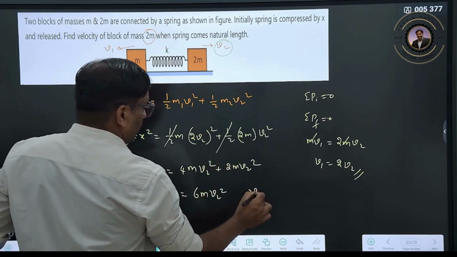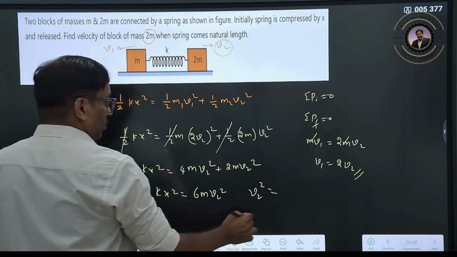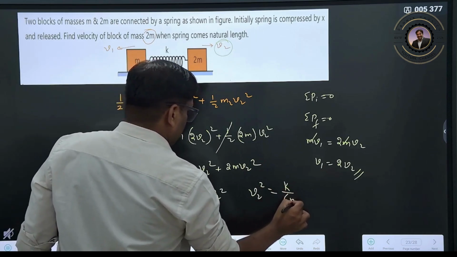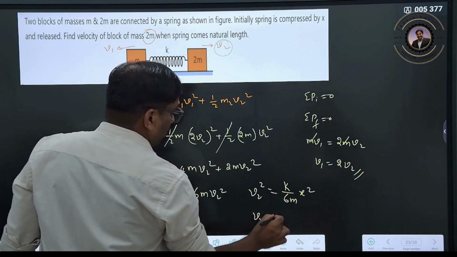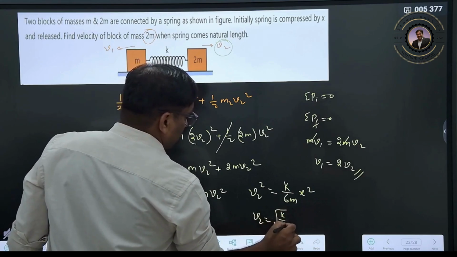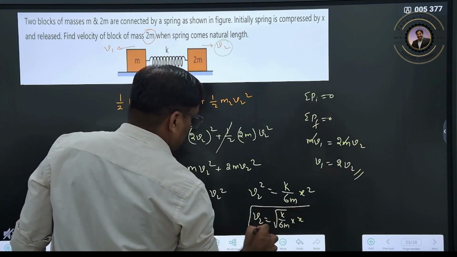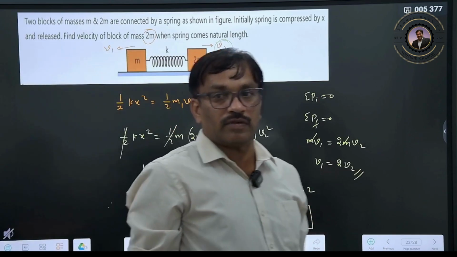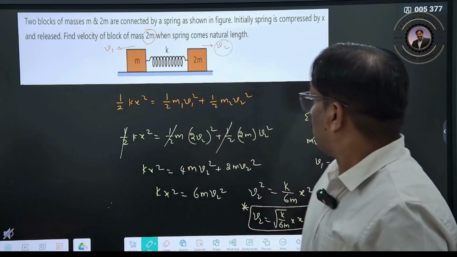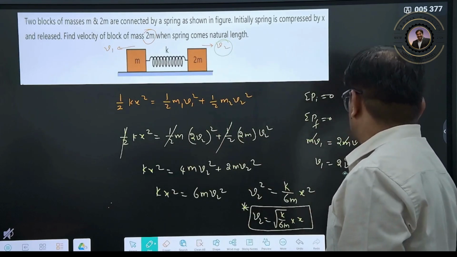Therefore v2 square equals k by 6m into x square, so v2 equals root of k by 6m into x. Clear? In this way you can solve problems on this concept.